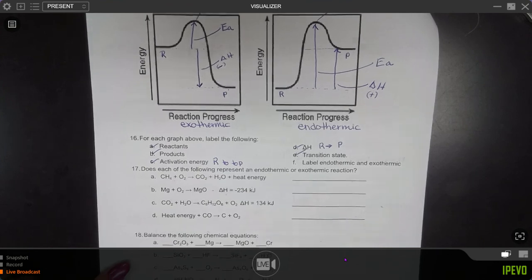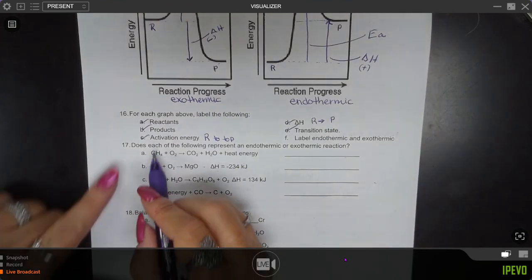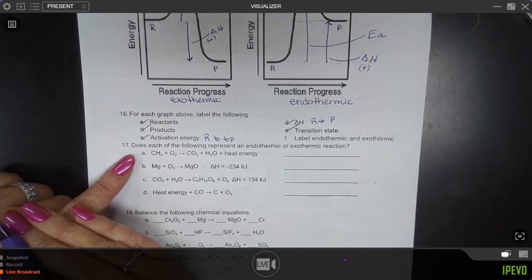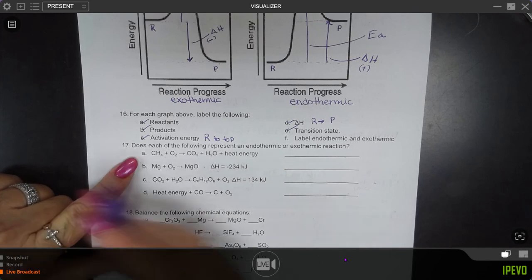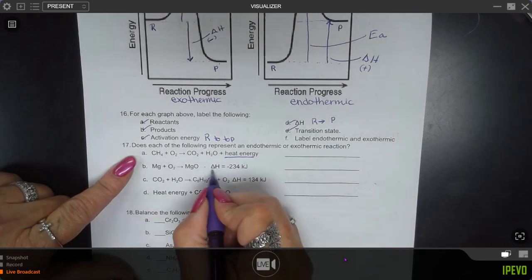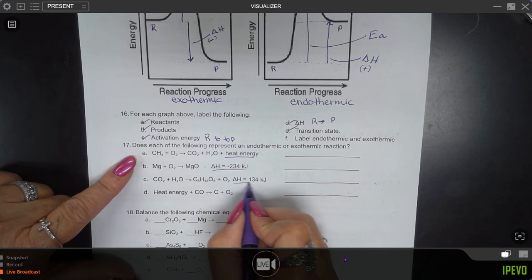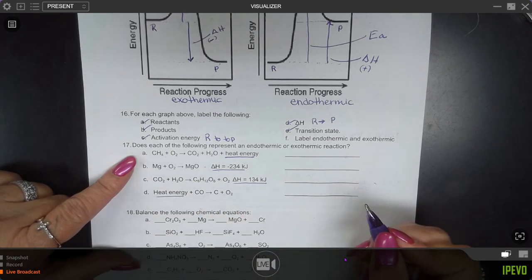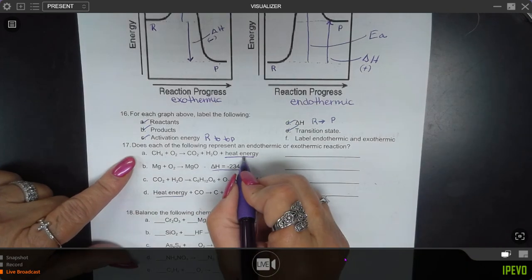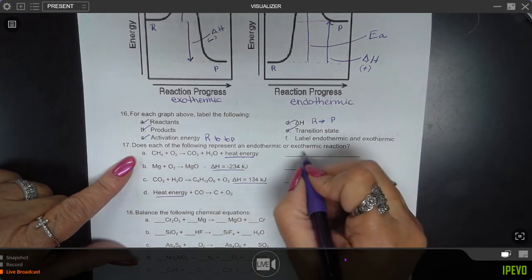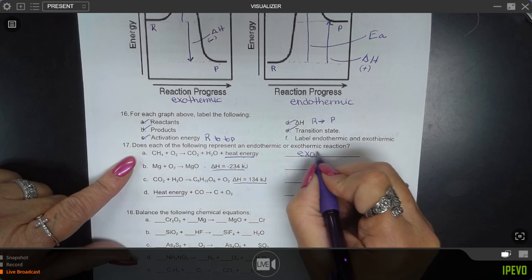So number 17 says, does each of the following represent an endo or an exothermic? So what we're looking at to figure these things out is where the energy is, and is it positive or negative? So remember, when the energy is on the product side, the right side of the reaction, that means we have an exothermic reaction.